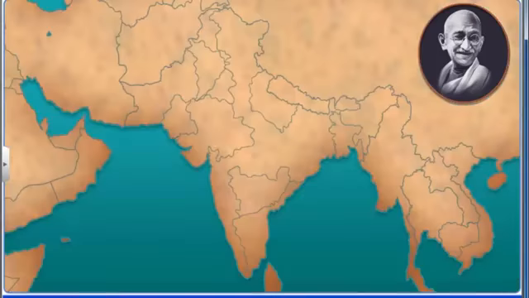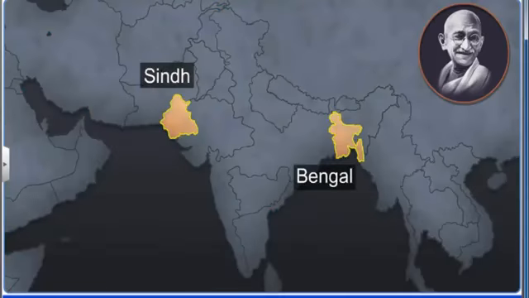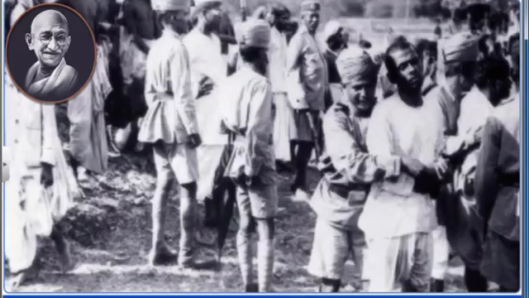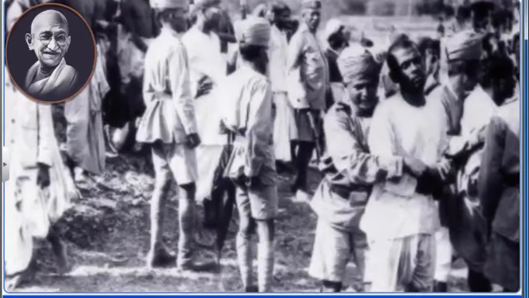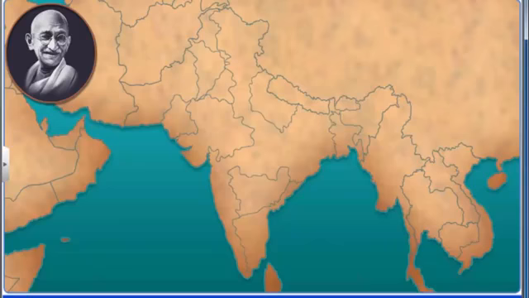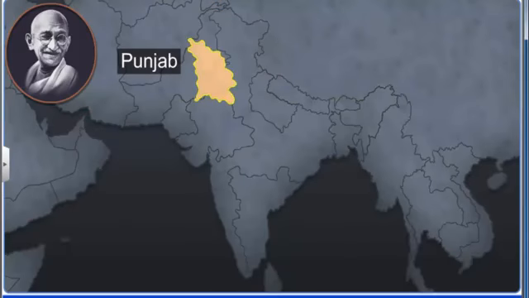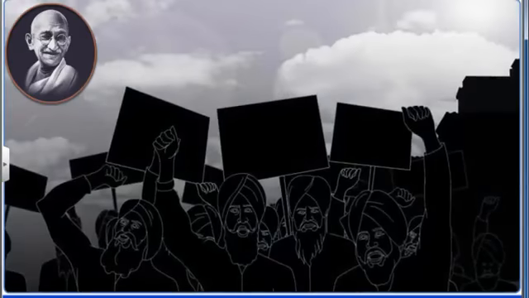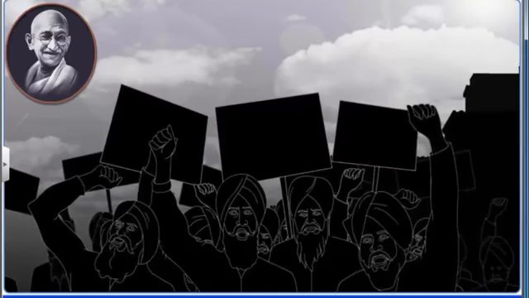Meanwhile, in Sindh and Bengal, the Khilafat non-cooperation movement found the support of many peasants and traders. In Punjab, the Sikhs started a movement to remove corrupt priests in Gurdwaras who were supported by the British.